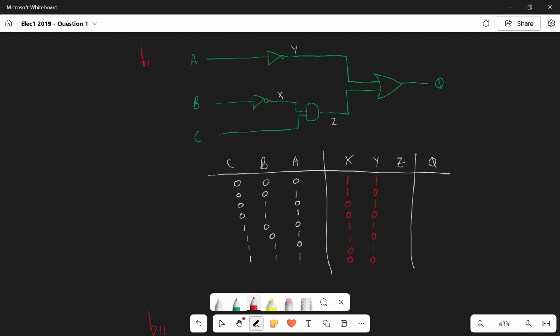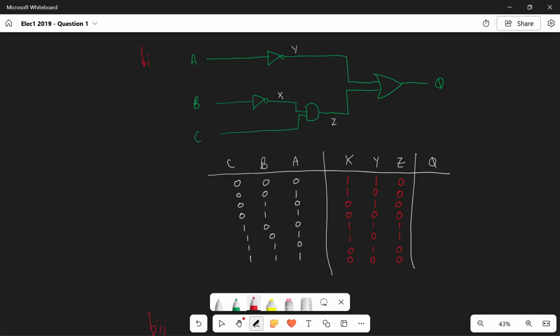And Z is X and C. So we're going to use the 2 lines, X and C, and therefore Z is going to be 0, 0, 0, 0, 1, 1, 0, 0.